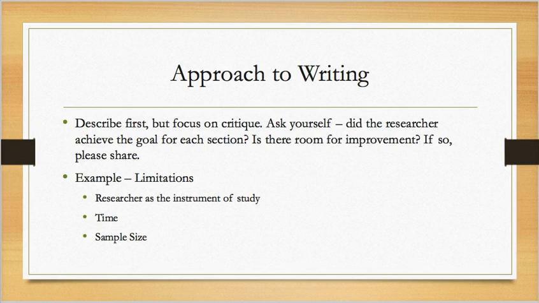So if the researcher only observed maybe 3 settings over a 1-week period, is that a good snapshot of what's happening on the ground? And if not, then you can say potentially time could be an additional limitation.